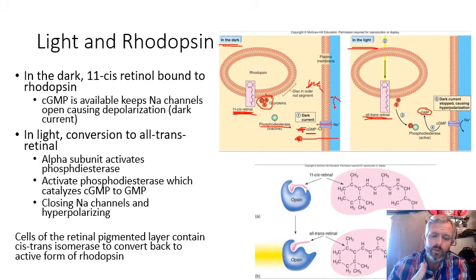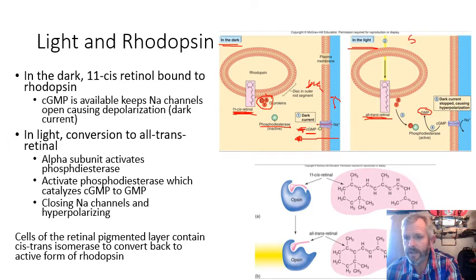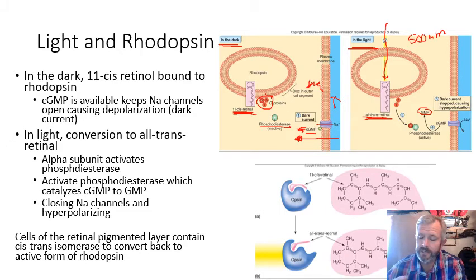What happens when light comes in? The right light energy. Since we're talking rhodopsin, we're saying around 500 nanometers for wavelength. So that 500 nanometer light is coming in, because this rhodopsin will not respond to those light waves further off from 500.